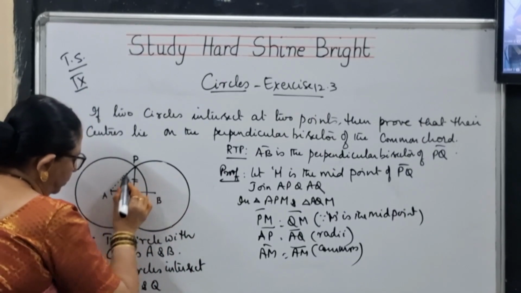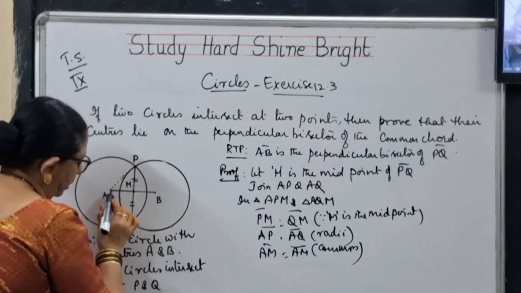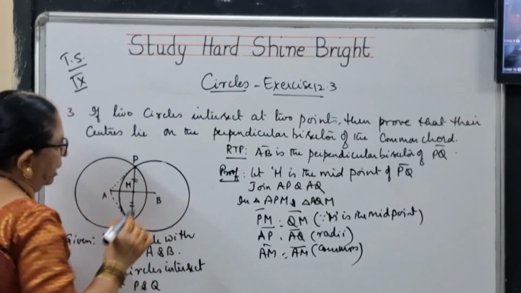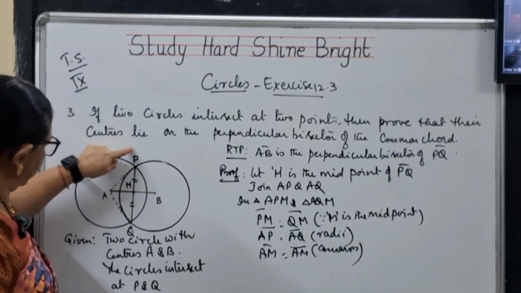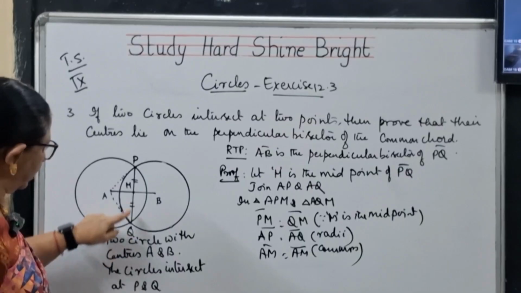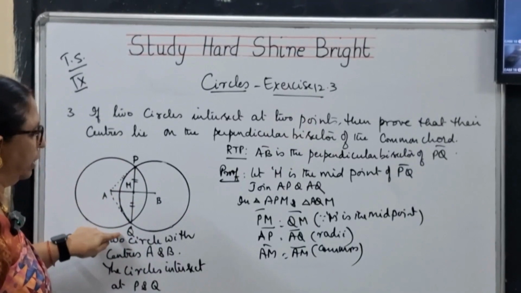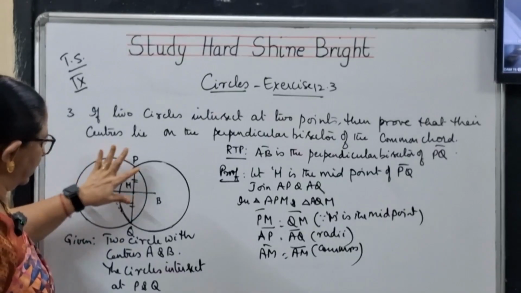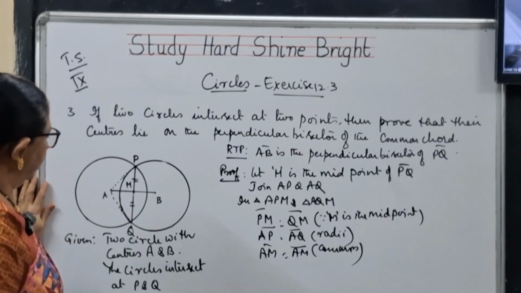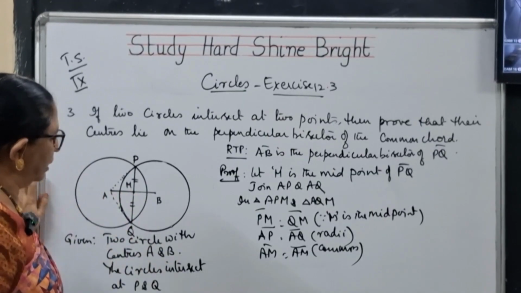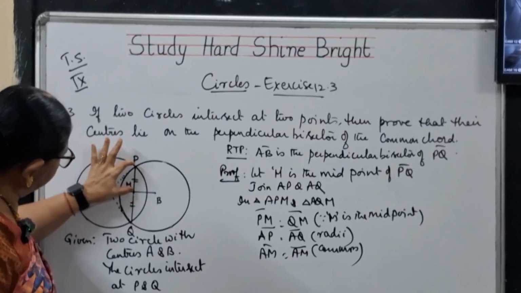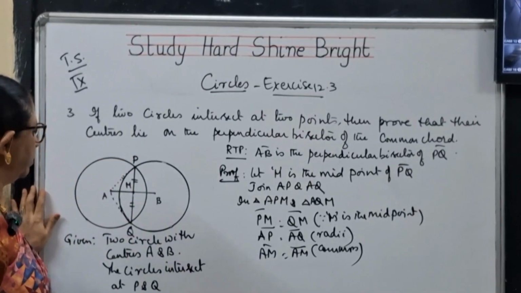M is the midpoint of PQ. Then when you join AP and AQ, you are getting two triangles. One is triangle APM and another one is triangle AQM. In these two triangles, AP is equal to AQ because they are the radii of the same circle, and AM is equal to AM common. We consider PM is equal to QM.